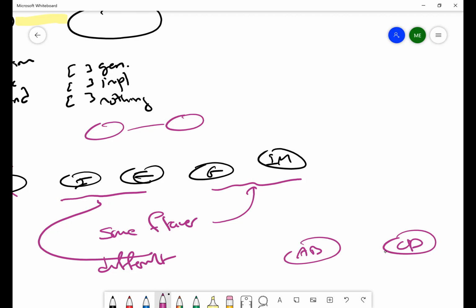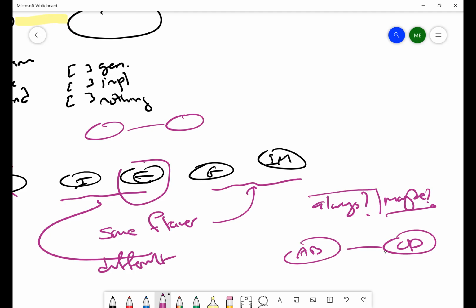Or, even better, this thing that's going to happen between them: is it always? Or is it maybe? In other words, sometimes yes, sometimes no. If it's a maybe, then I choose extend. If it's an always, I choose include.